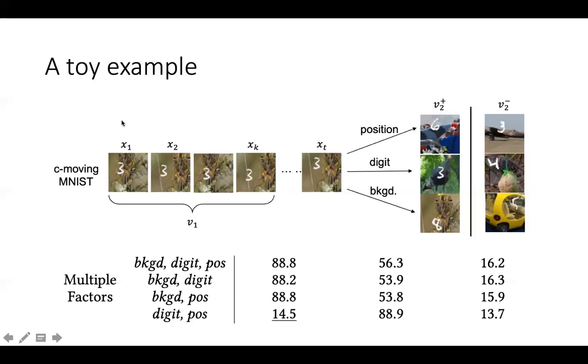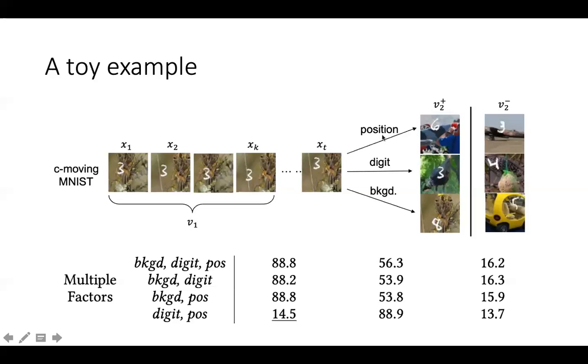So let's have a sequence from x1 to xT, and we just use the first k frames as the first view, view 1. To construct the second view, we refer to the xT frame. For example, we can use the digit position in xT to construct another view, v2.